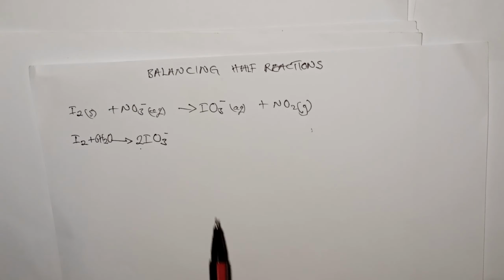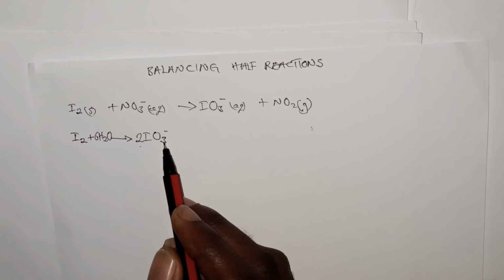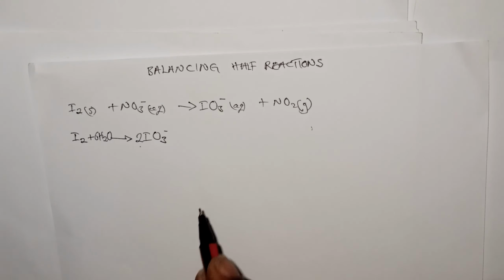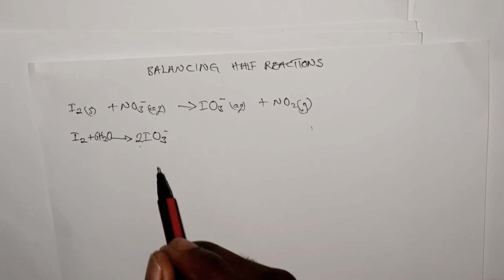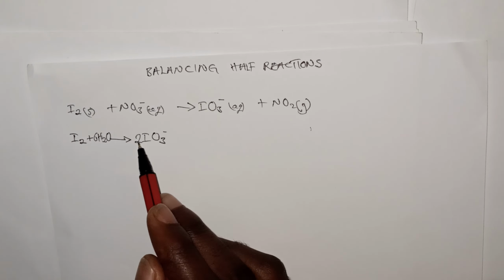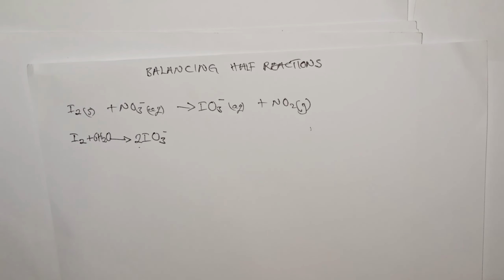Always remember, add water molecules in order to balance the oxygens. I've put a 6 here because here we have 2 times 3, which means 6 oxygen atoms.